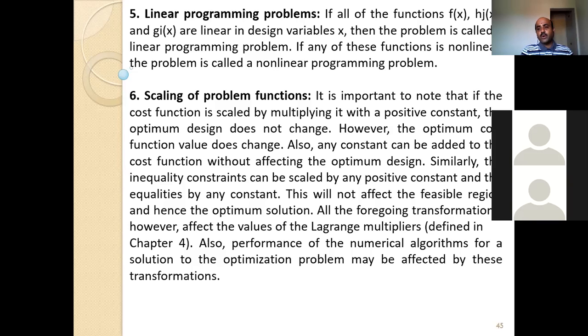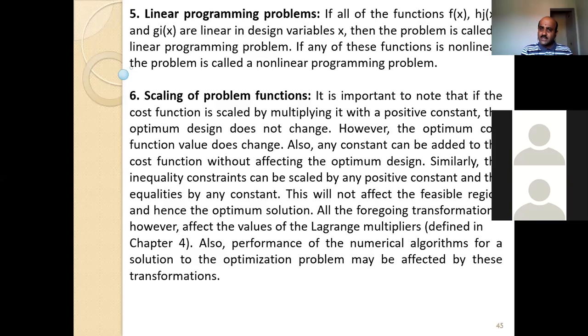This is very, very important from the subject point of view, because once you know how to formulate the problem and bring it into a standard design optimization model, you should know what observations to make: the number of equality constraints, the number of inequality constraints, what type of problem it is, whether it is linear programming or non-linear programming, and whether the problem has constraints or not.